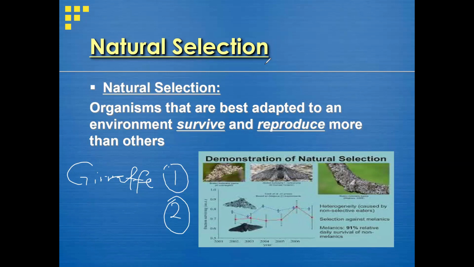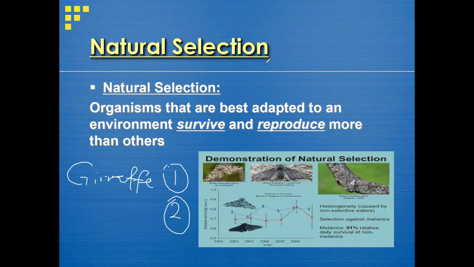So as a result, based on my CGPA, I am able to survive and reproduce in ABU. But because he has less than 1 point, based on the university rules and regulations, the university will eliminate him. And that is the survival of the fittest.